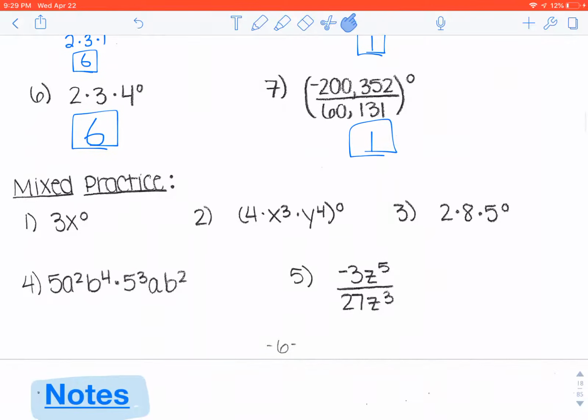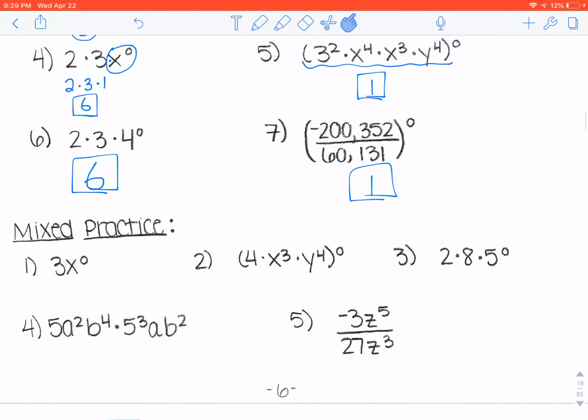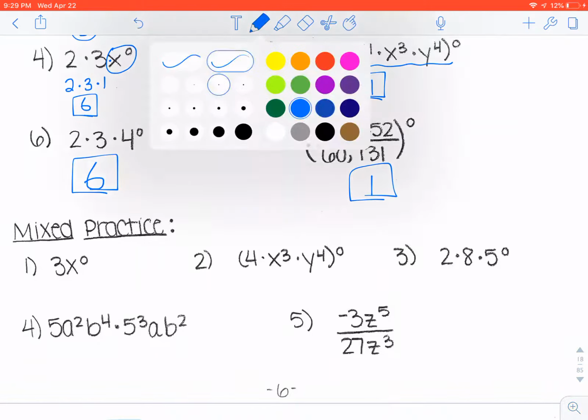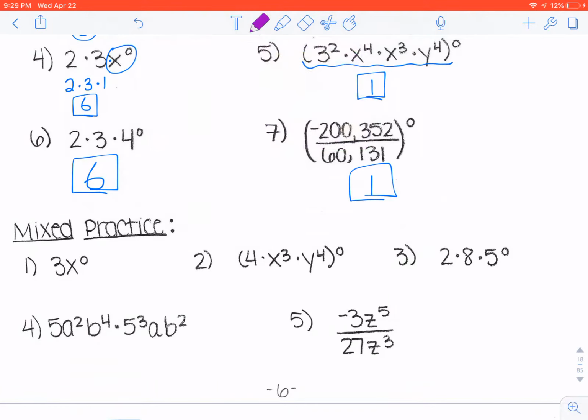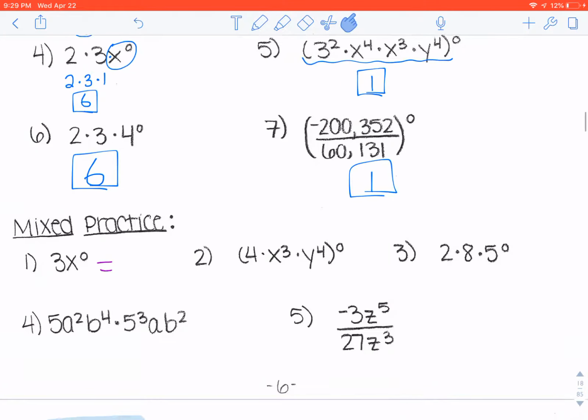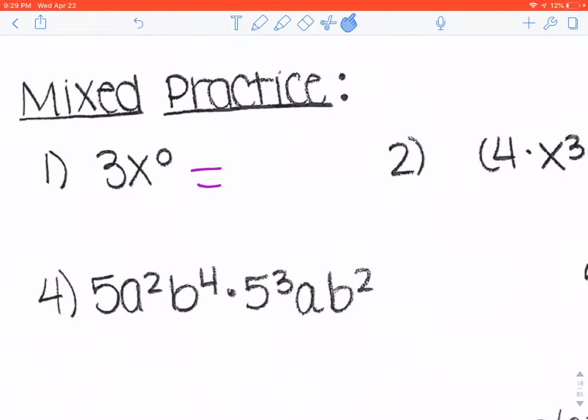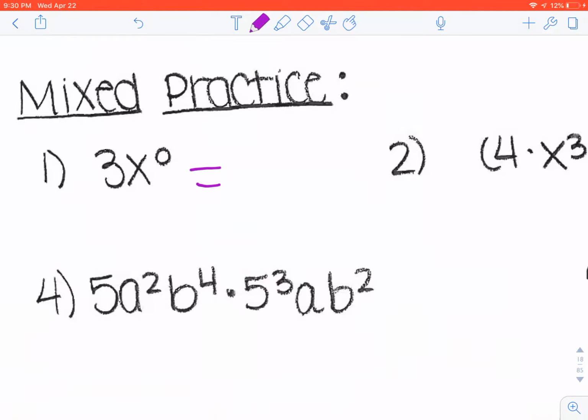Okay, if you did not already do the mixed practice below, go ahead and pause the video. I'm going to review those solutions a little bit quicker. Okay, hopefully you tried 1 to 5 without me for the mixed practice below. Okay, the answer for number 1, we have 3 times x to the 0, which is the same thing as saying 3 times 1.